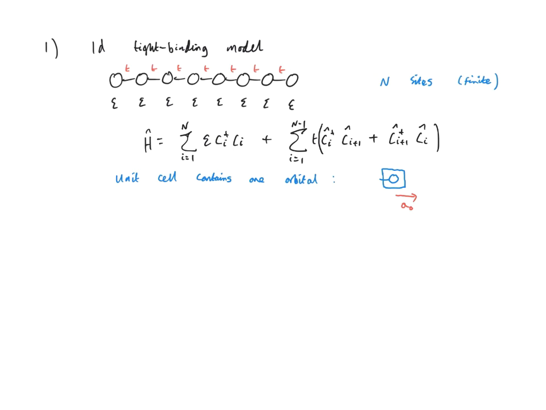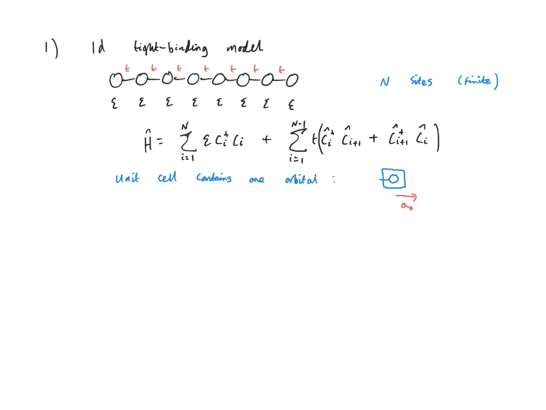If I had a 2D square lattice, I would have a single site that was copied as I move to the right, but also copied as I move up and down, and then that would tile the two-dimensional plane. We'll come on to discussing that a bit later. Good, so this is a 1D tight binding model.